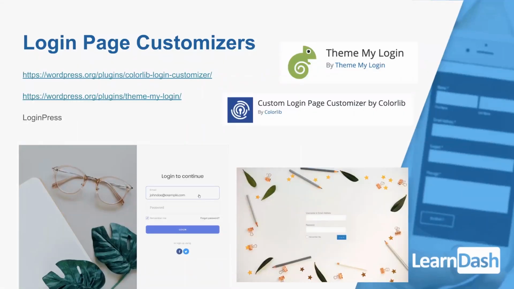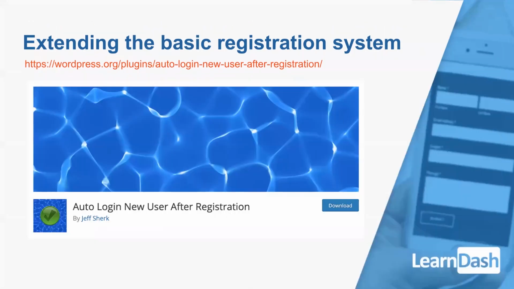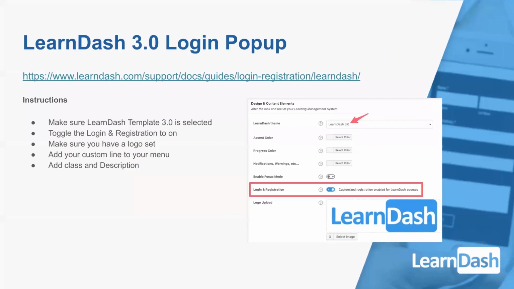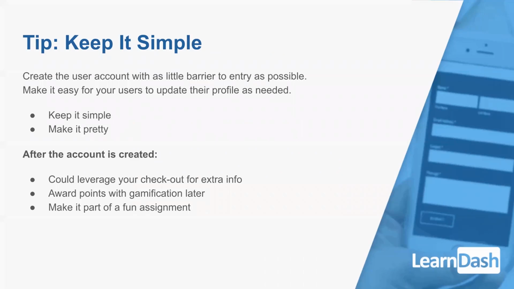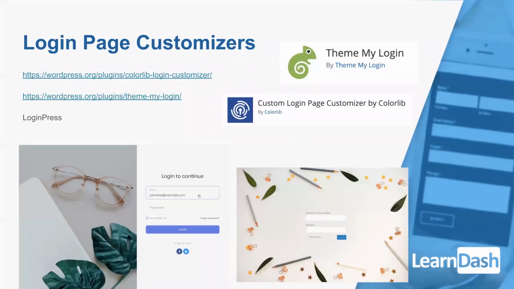Okay. So a couple of things to think about, just so everyone can see, is this blue pop-up that I'm talking about with the basic LearnDash registration, which is here. But before we get to that, like I said earlier, LearnDash uses the default WordPress system.